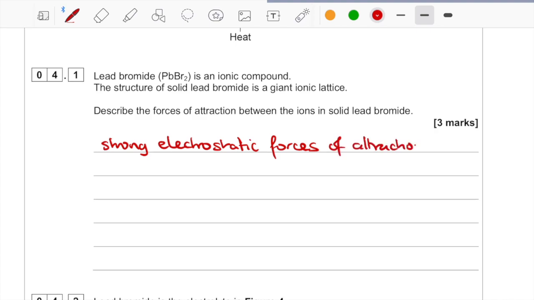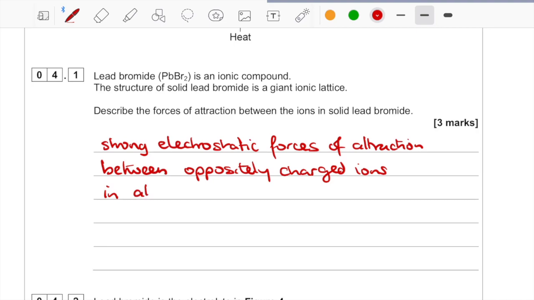Now, whenever you're doing any forces of attraction, what are those attractive forces between? Well, in an ionic compound, they are between oppositely charged ions. So there's our second mark. And of course, they've told us it's a lattice, so our phrase is in all directions.